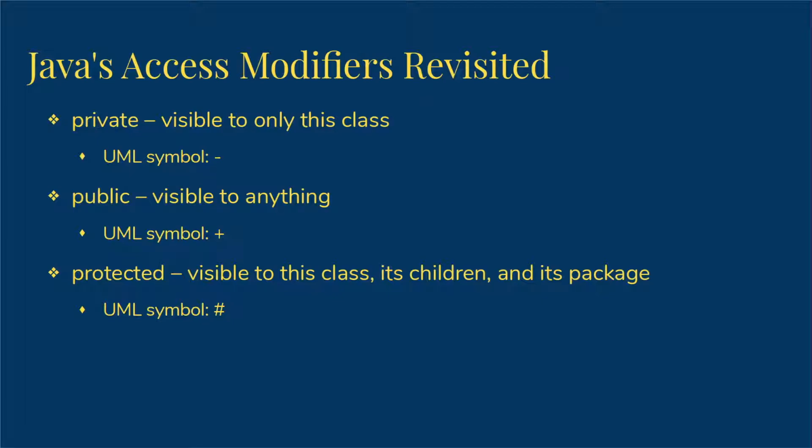So what that means in Java is it's visible to this class, its children, so the things that inherit from it, and its package. So of course we write Java classes in packages typically, and that's going to use the UML symbol, the number sign or hashtag or pound sign, whichever term you prefer to use for that.